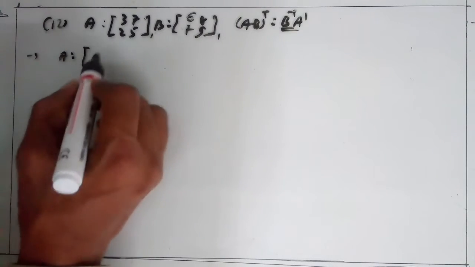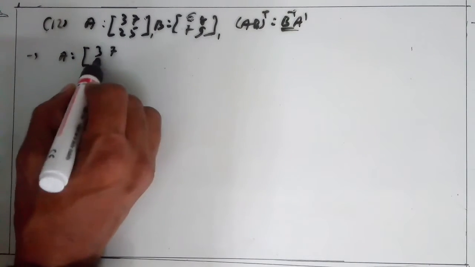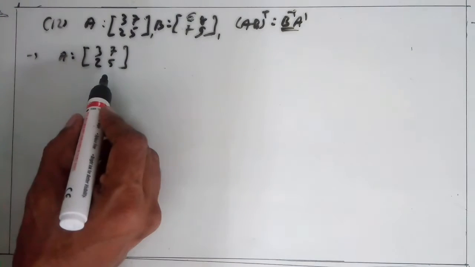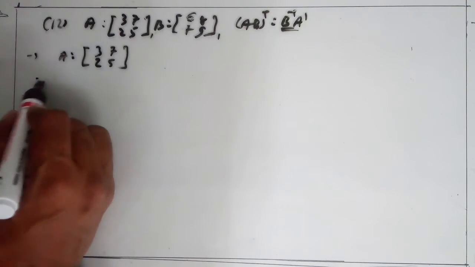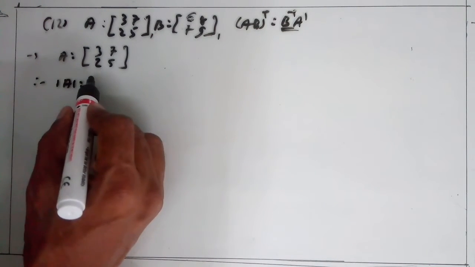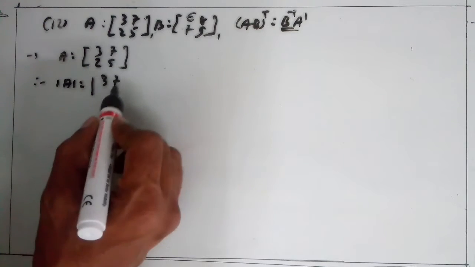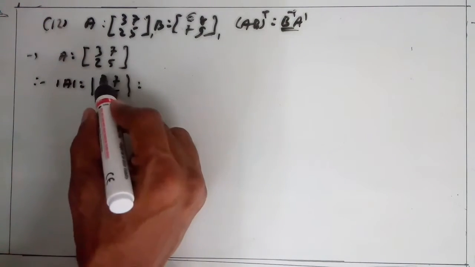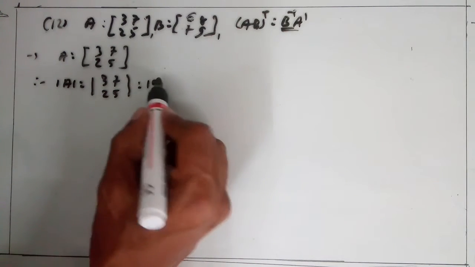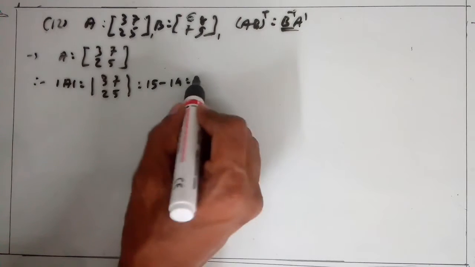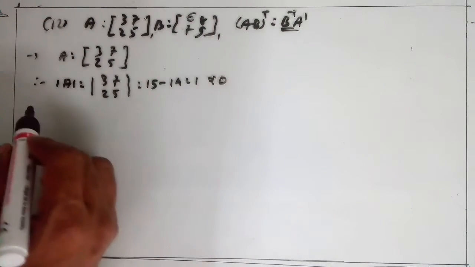A is equal to 3, 7, 2, 5. To get A inverse, first find the determinant of A. So the determinant of A is equal to 3 into 5, 15, minus 7 into 2, 14, is equal to 1, not equal to 0.